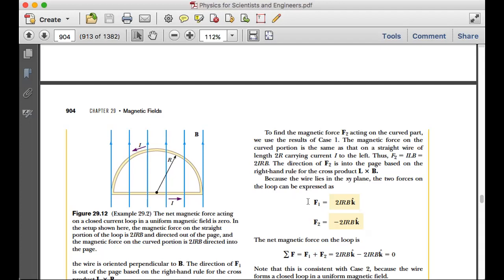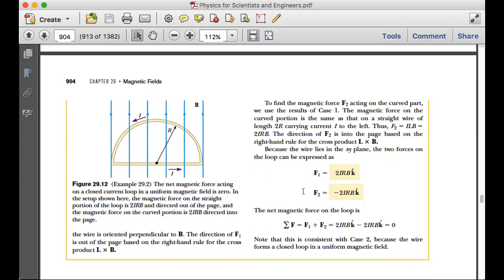So this F1 is the force acting on this straight line, and this F2, this force acted on this curved line. If we sum these two forces, it will be 0.